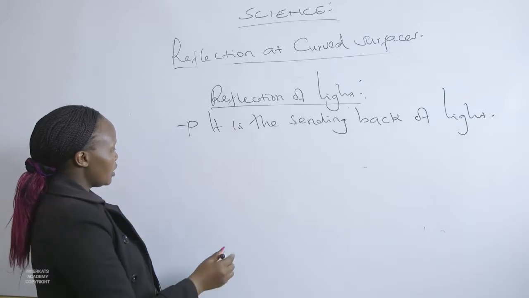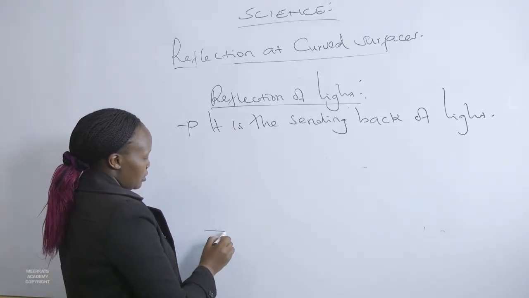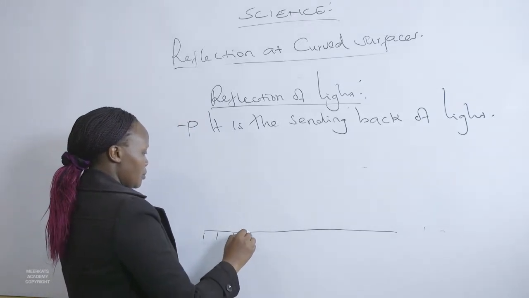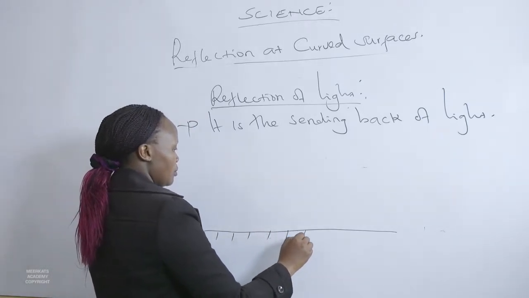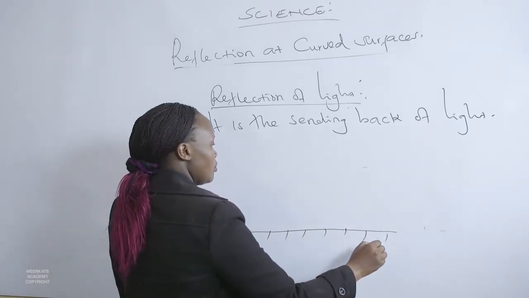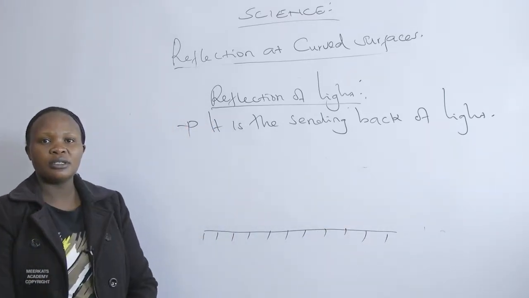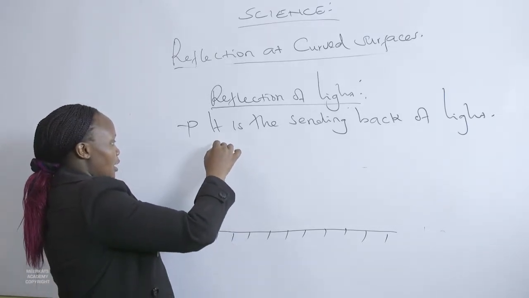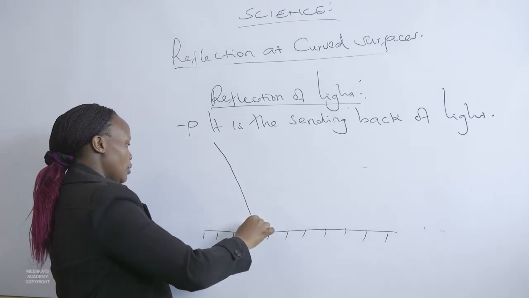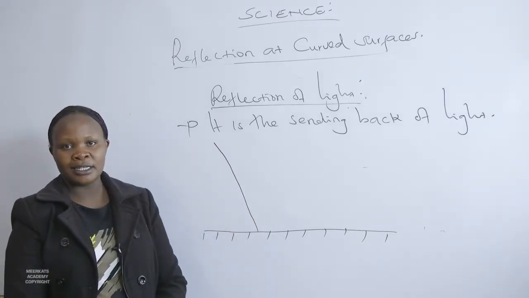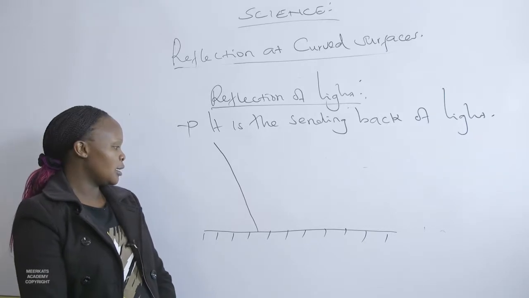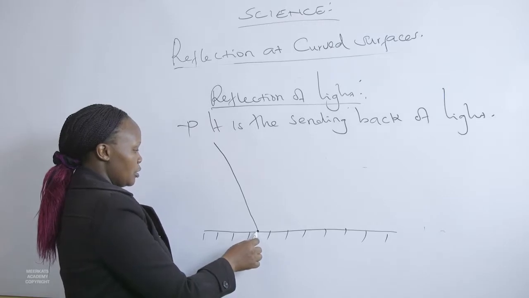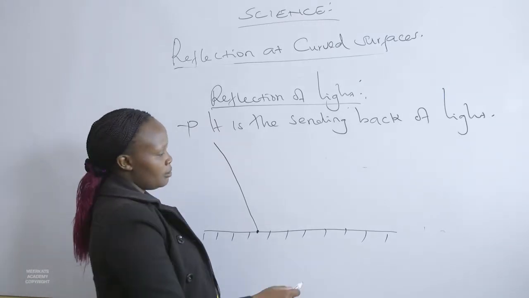Now, let us look at something like a plane mirror. Then we consider a ray of light that is actually incident at this particular point of the plane mirror.